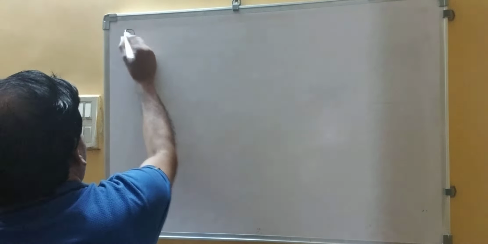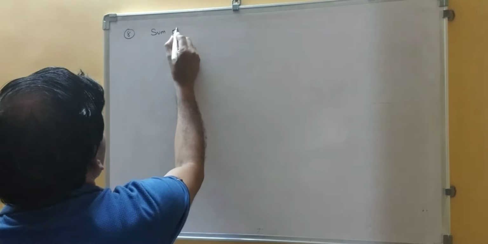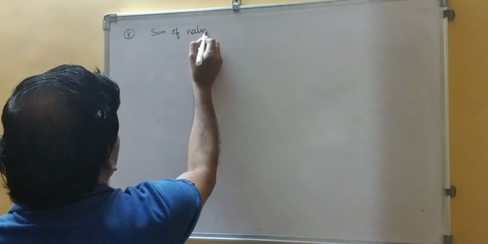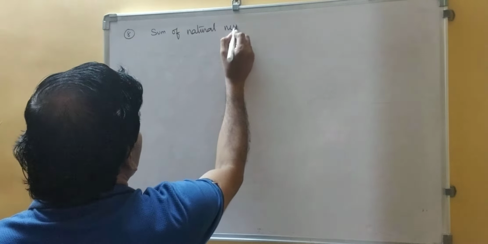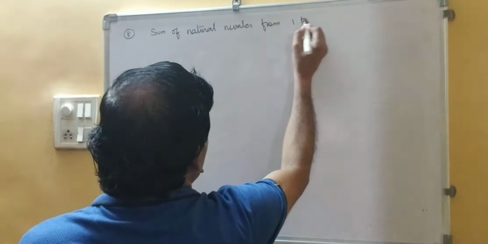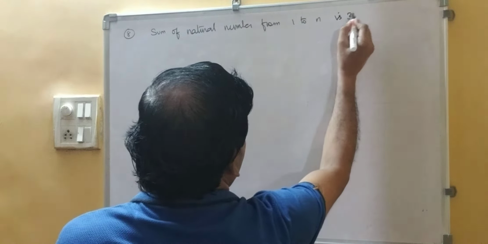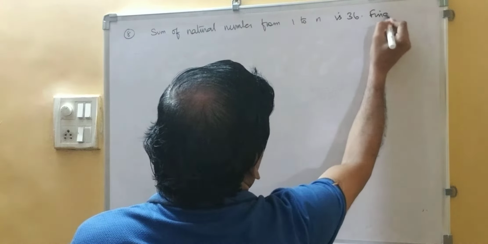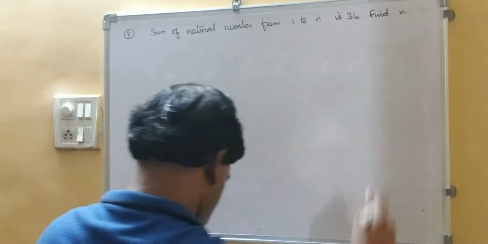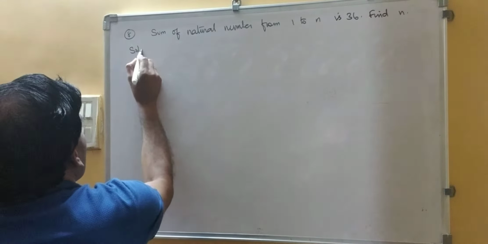The sum of natural numbers, this is also a very interesting sum. The sum of natural numbers from 1 to n is 36. Find n. Now listen very carefully, I will explain.